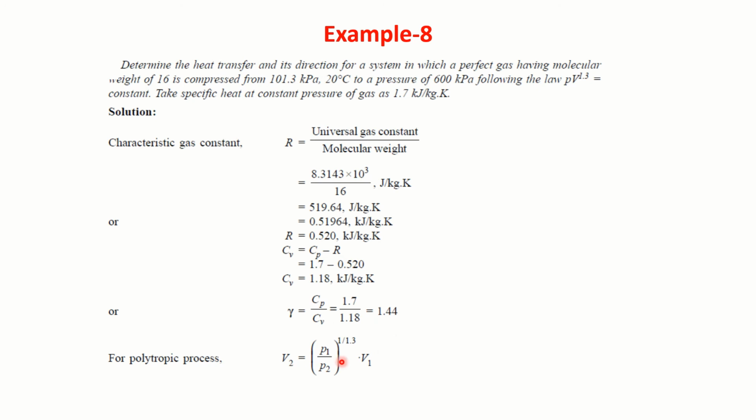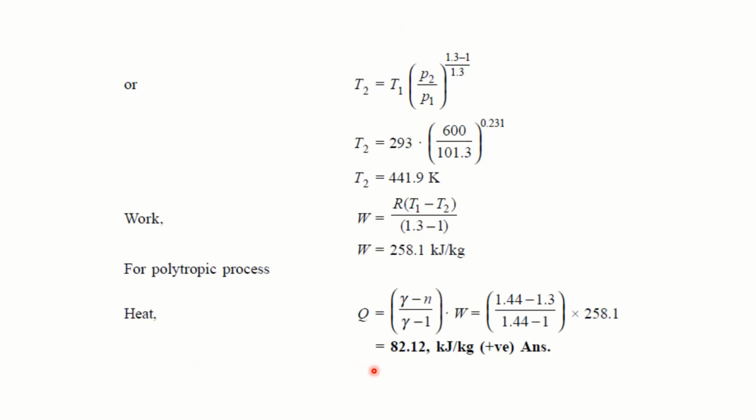From this equation, we can find V2. In the same way, for the general gas equation, we can write T2 is equal to T1 times P2 by P1 to the power of (1.3 minus 1) over 1.3, because P1 V1 by T1 is equal to P2 V2 by T2. From that relation, it is possible to find T2.